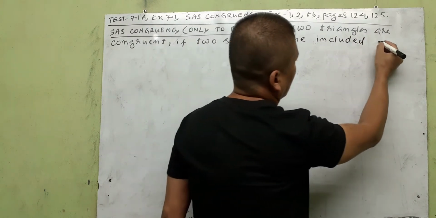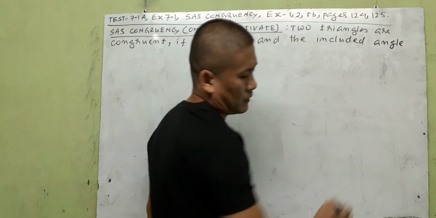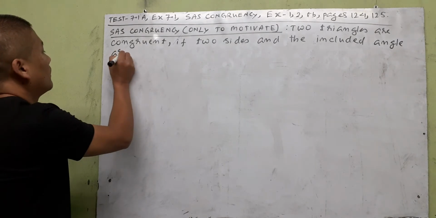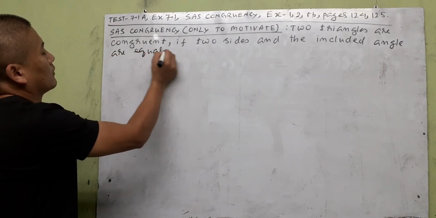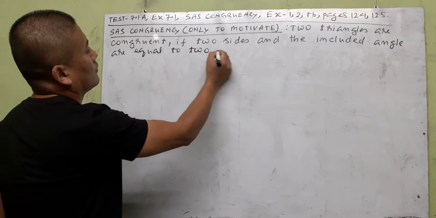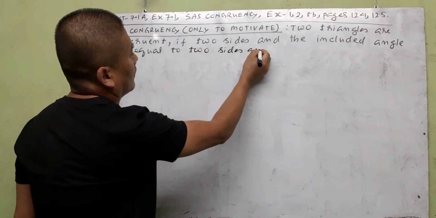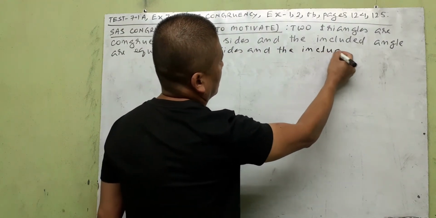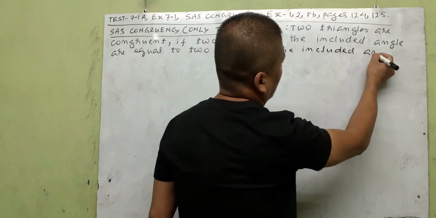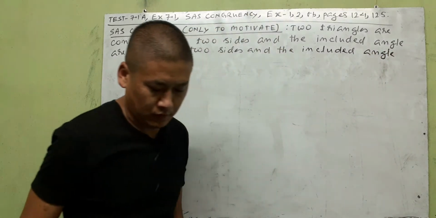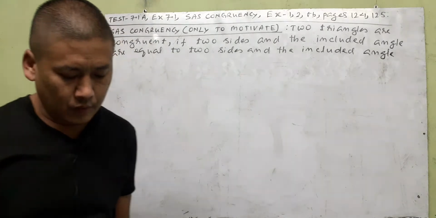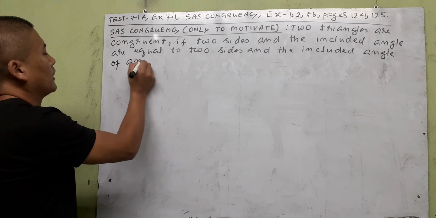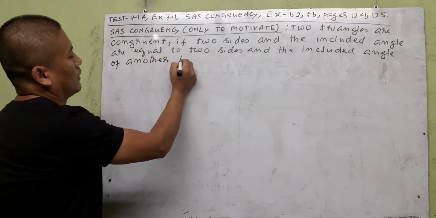Included angle, that means one angle, are equal to two sides and the included angle of the other triangle, of another triangle, also you can say of another or other triangle.